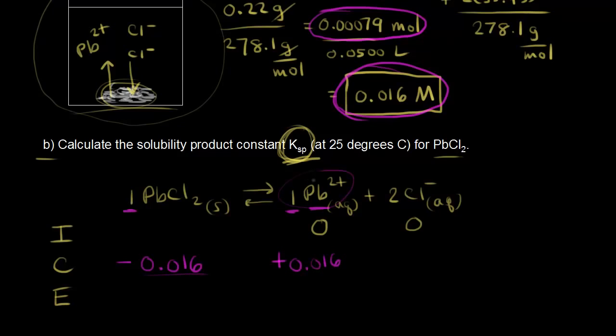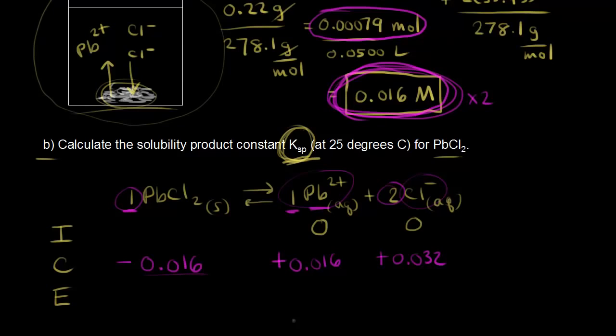of lead 2 plus. And for the chloride anion, this time our mole ratio was 1 to 2. So we need to multiply this number by 2. So 0.016 times 2 is equal to 0.032. So we're gaining 0.032 molar for the concentration of chloride anions when the PbCl2 that's soluble in water dissolves.